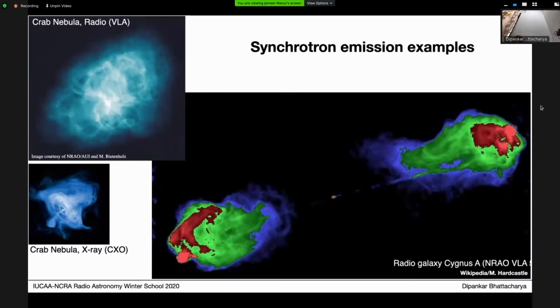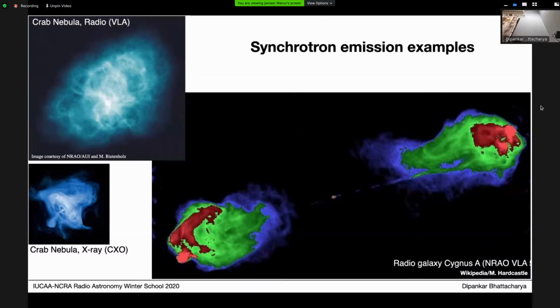So these are some examples of sources which produce powerful synchrotron emission. On the left, I have shown two pictures of the Crab Nebula, a radio picture above and X-ray picture below, both of which are produced by synchrotron emission from relativistic particles in the nebula.